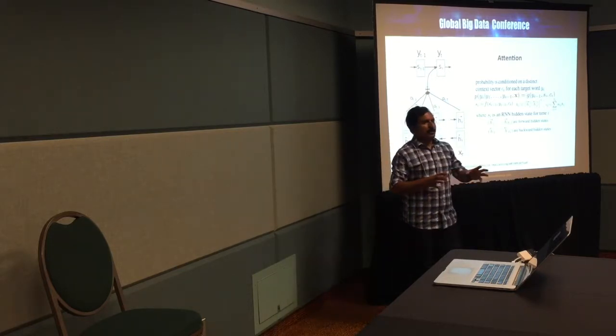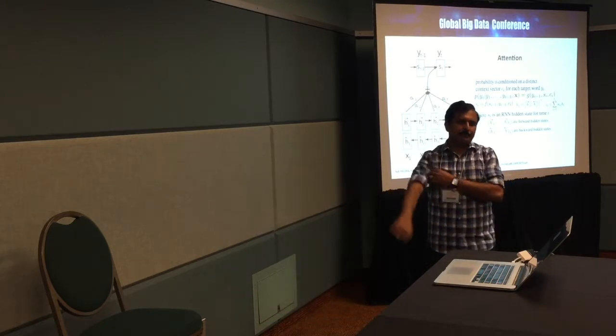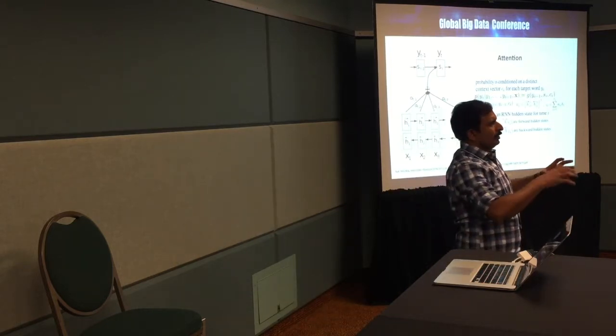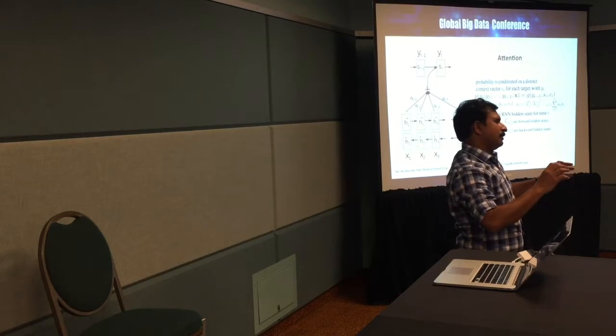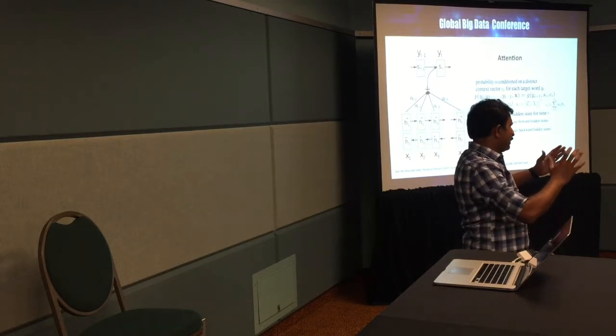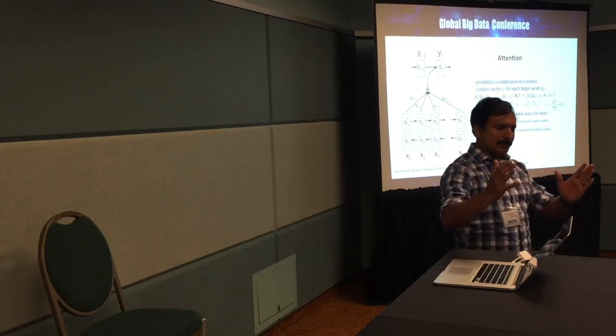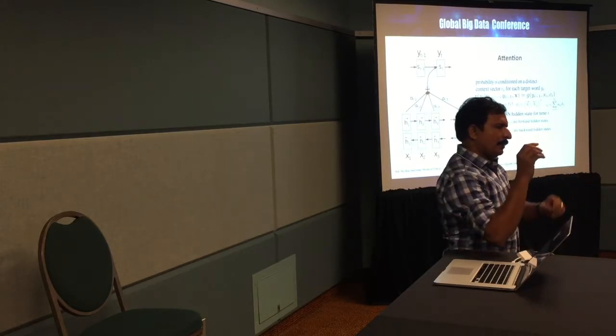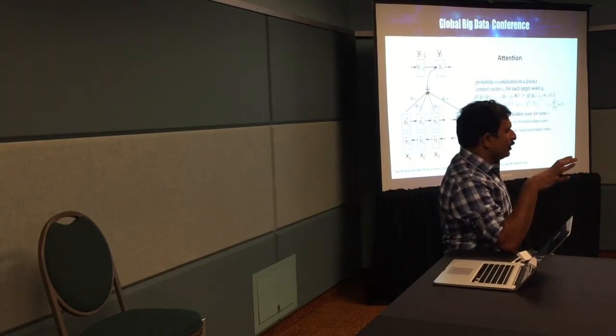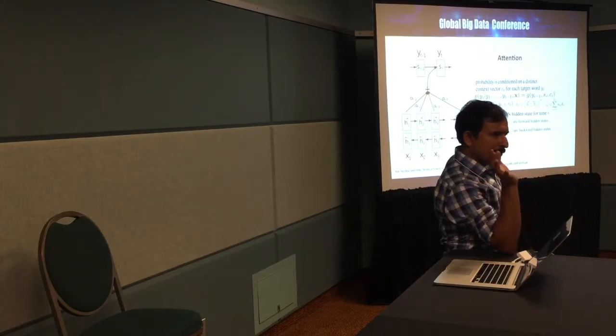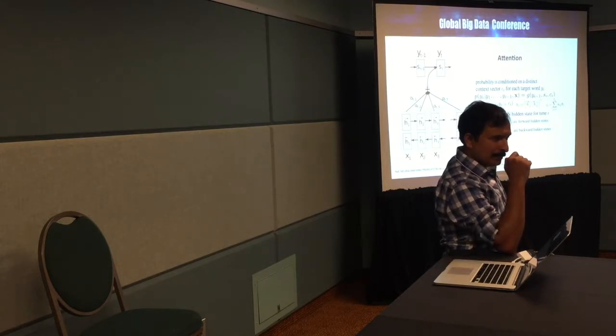Let me take an example in the context of summarization, or even translation, let's take translation. You have an English sentence and you have to translate it into French. Let's say the input was 10 words long in English, and the output is 7 words long in French.